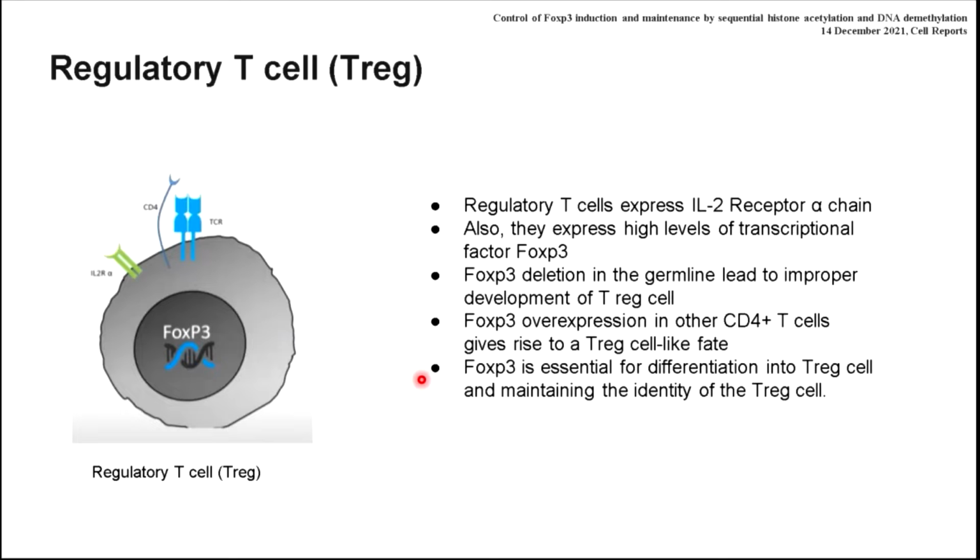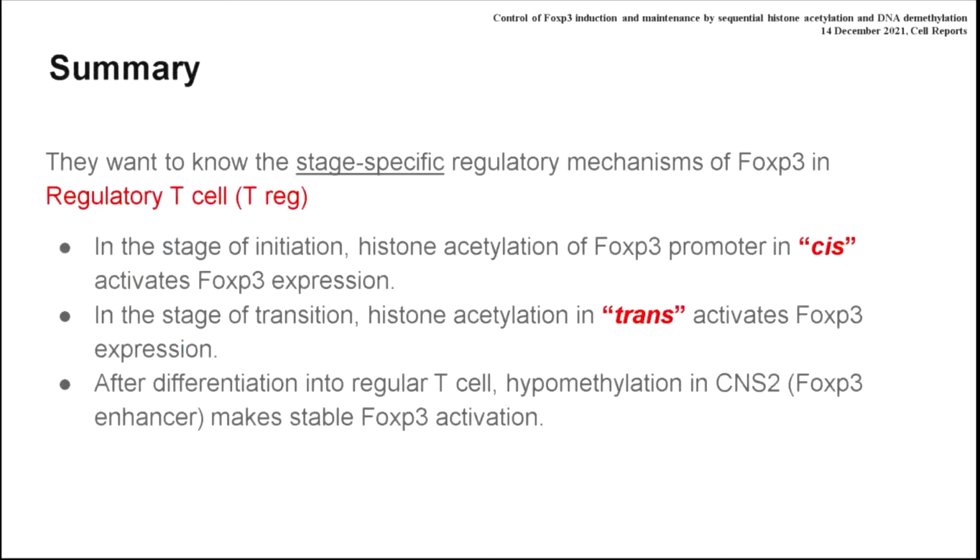Therefore, Foxp3 is essential for differentiation into Treg cell and maintaining the identity of the Treg cell. So they want to know how this important gene is regulated in this cell.